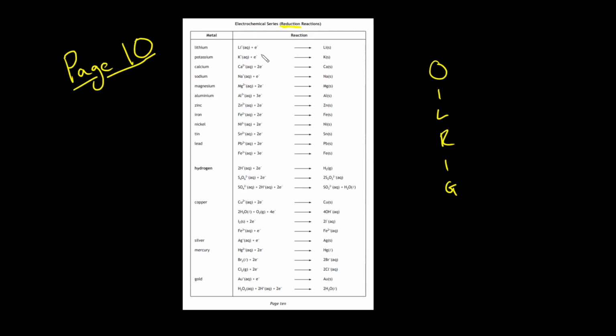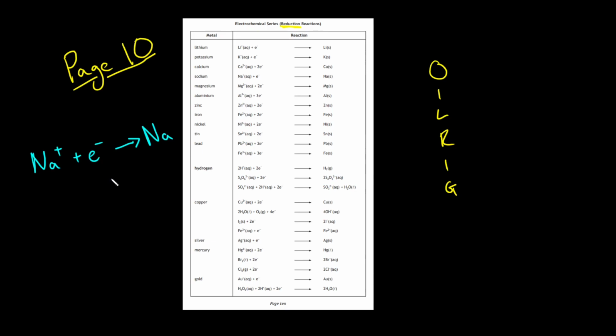So if you were asked, for instance, to write down the reduction reaction for sodium, I would go to page 10 of the data booklet, go down to sodium and write down Na+ plus an electron. It's a reduction reaction, so it's going to be gaining electrons, turns into Na, the atom. And it's as simple as that if I need to write down a reduction.